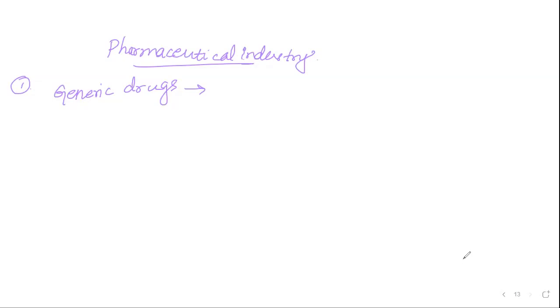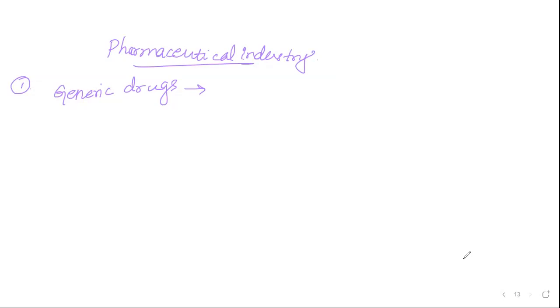So Dolo 650 is an internally produced drug. We got the rights of the formula, and then we are manufacturing our own drugs. This kind of generic drug manufacturing is something India masters in.